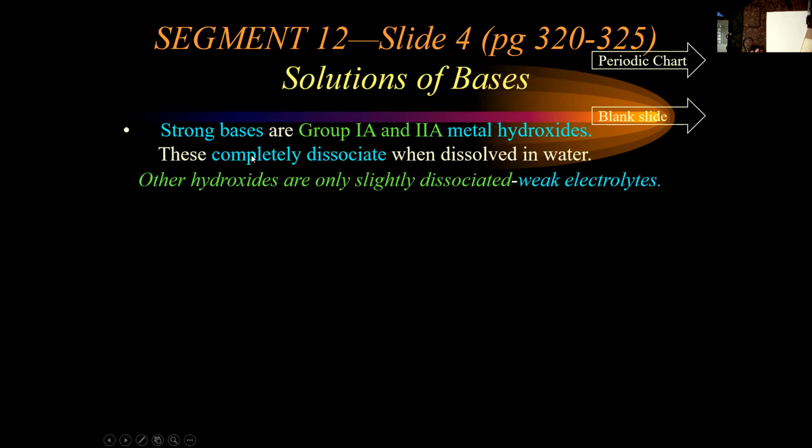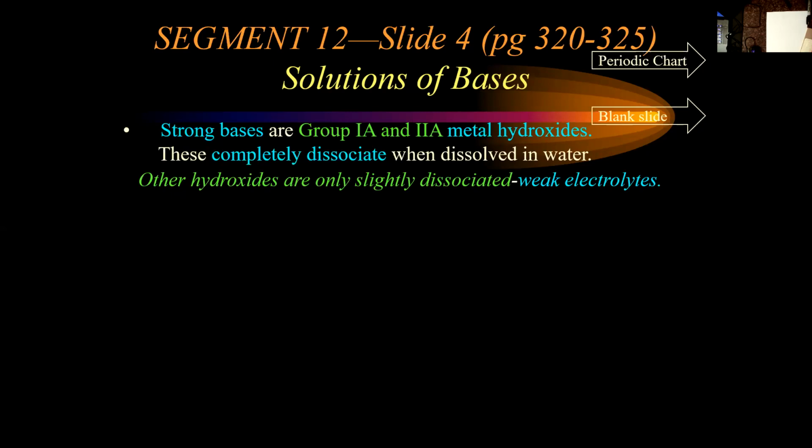And anything else that produces hydroxide ion in water is just a weak electrolyte. So there can be some soluble, some slightly soluble hydroxides, and they would be weak electrolytes. They would not be from group 1 and group 2.